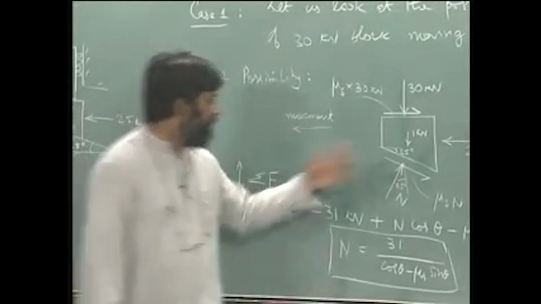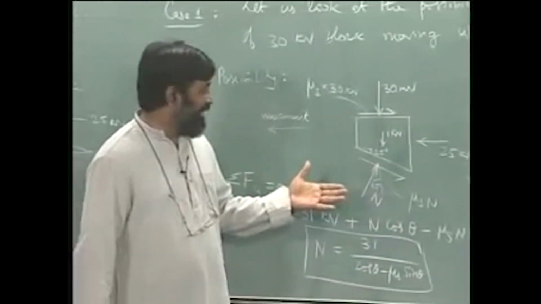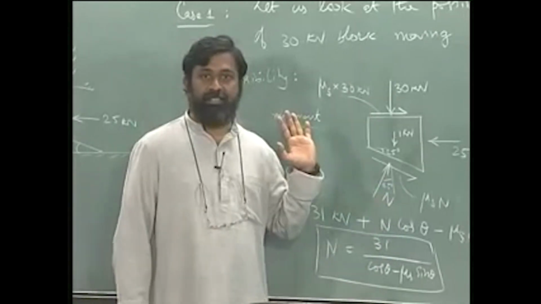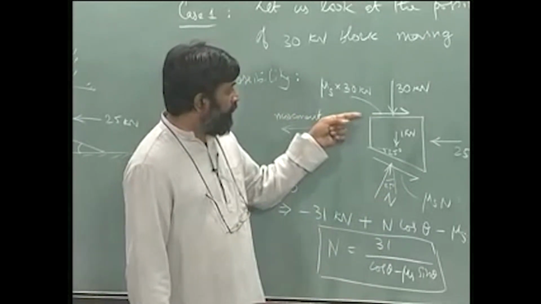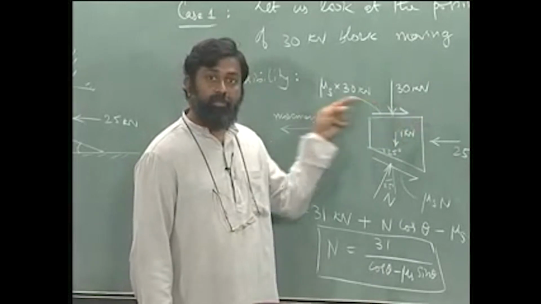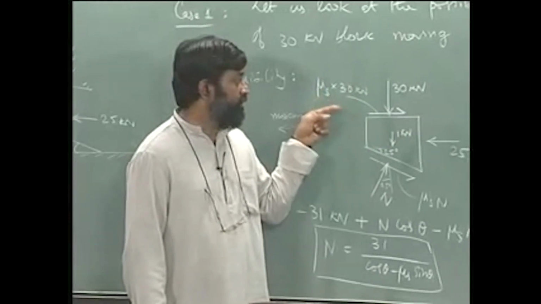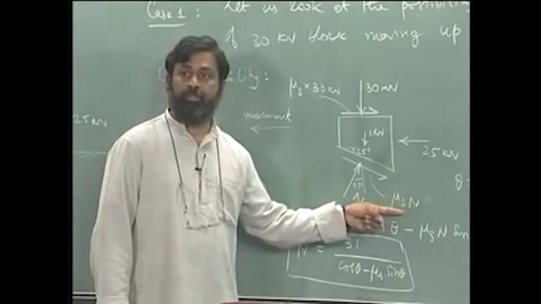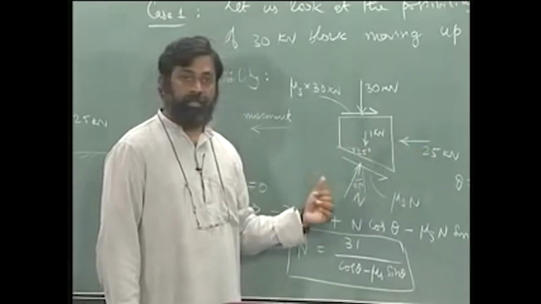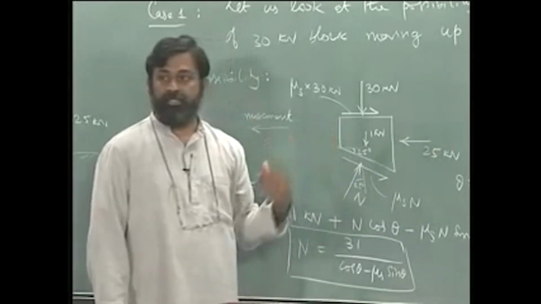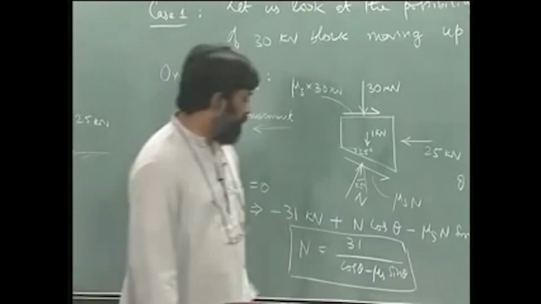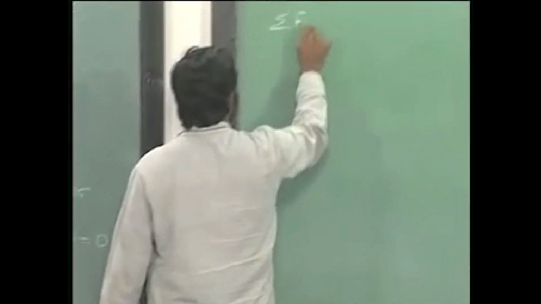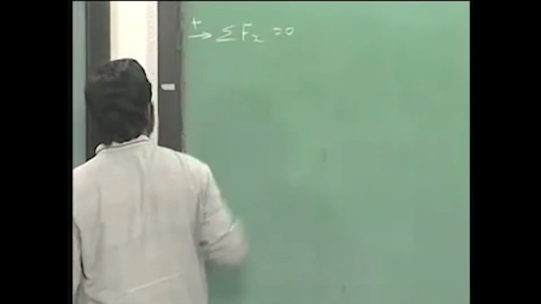Having done this, now it is possible to find out whether this possibility exists. The question that we have right now is whether this could exist. Now I have a force due to resistance due to friction towards the right hand direction, similarly resistance due to friction in the right hand direction, and there is a 25 kilonewton which is offsetting it. So, if I have to write horizontal equilibrium, sigma f x equals 0, let us say this direction is positive.